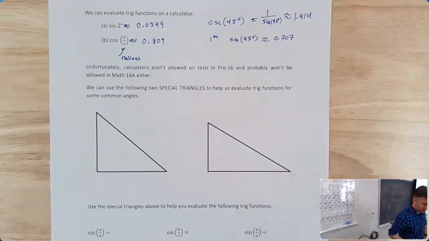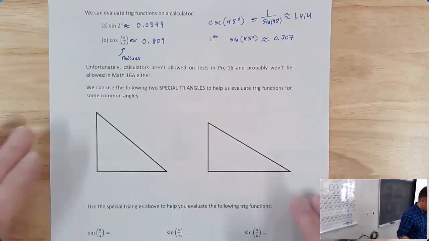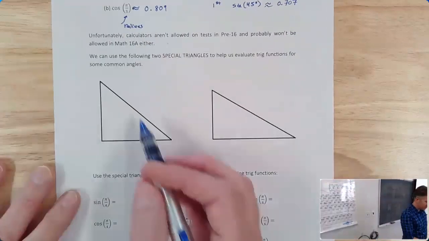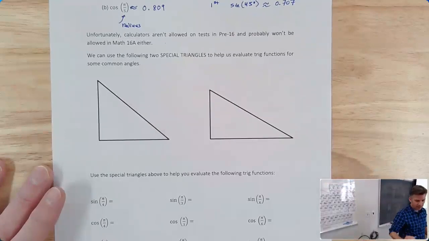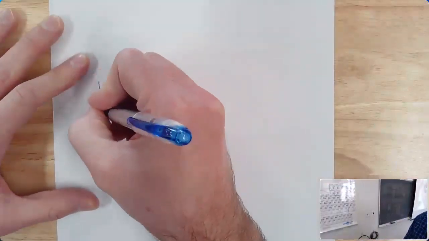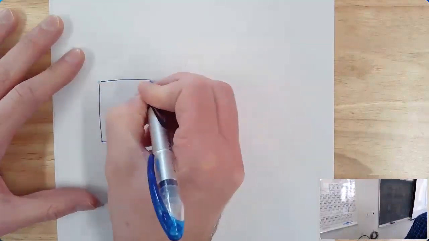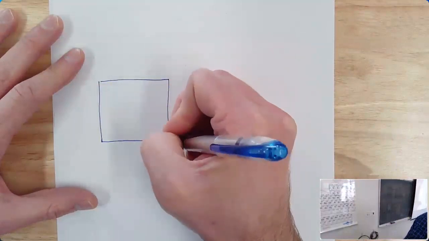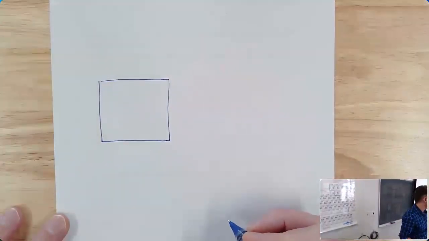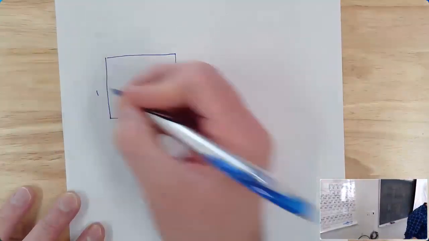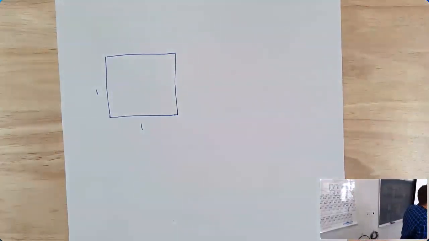Okay, so there's a couple triangles here. And typically, when I think about this first triangle, I'm really thinking of it as half of a square of side length 1. Don't worry, you don't need the square. I'm just showing you where this comes from.